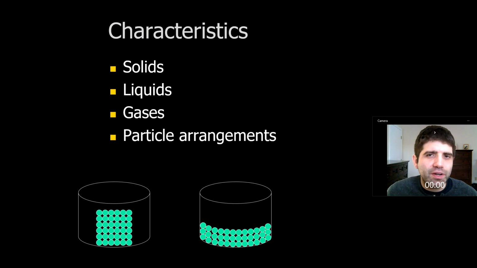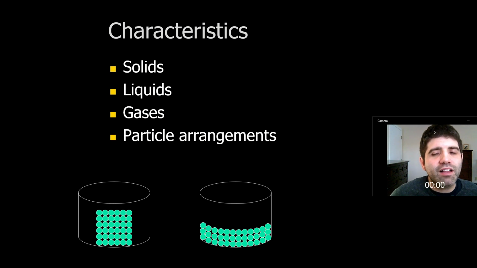Liquids and solids have pretty similar densities, which implies that the particles are similarly spaced. However, we know that liquids can pour, and what that's implying is that those particles have some freedom of movement. They can sort of tumble past each other. So the particles in a liquid are sticking to each other, but they're not held in place.